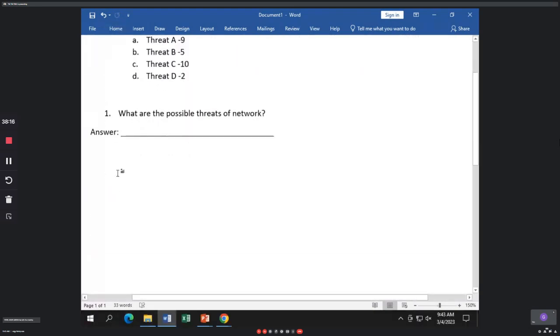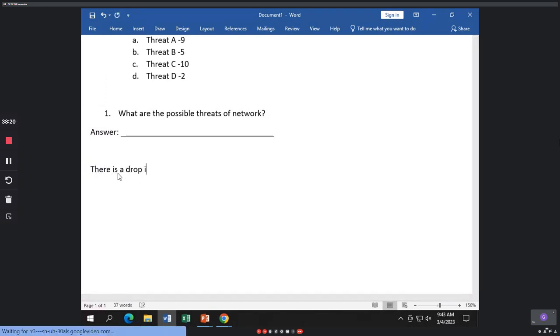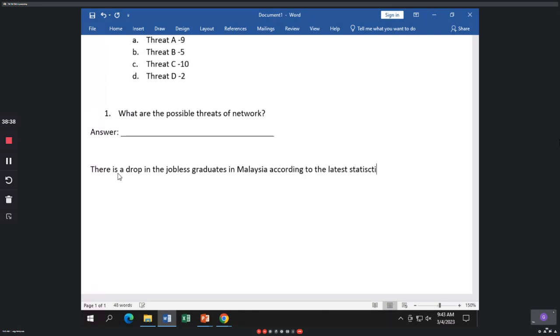For example, when you say there is a drop in the jobless students or graduates in Malaysia, and then you say according to the latest statistic in 2022, you have to do citation.